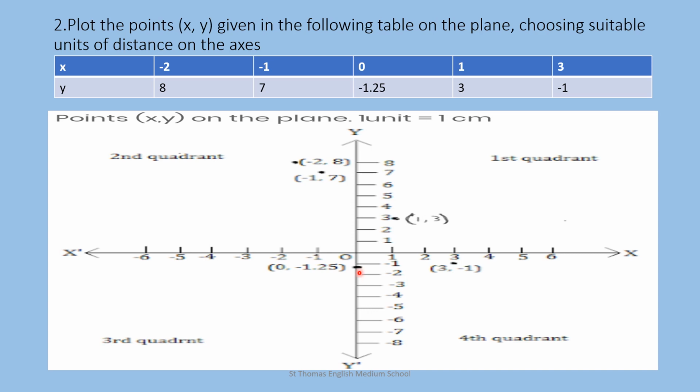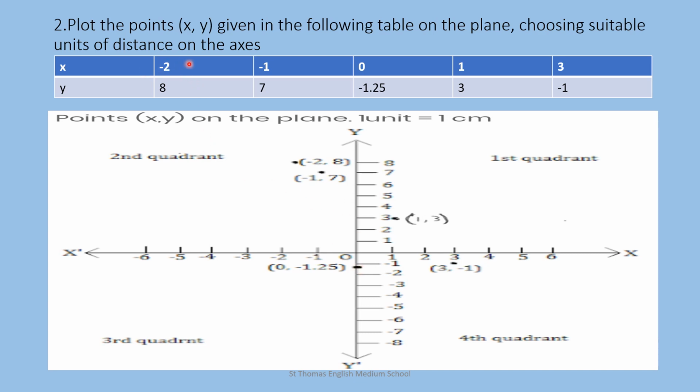To locate 0.25, if on the graph 1 centimeter is divided into 10 equal parts, the fifth line will be 0.5. So you plot the point -1.25 in between -1 and -1.5. That is, from -1 you take the small third line.